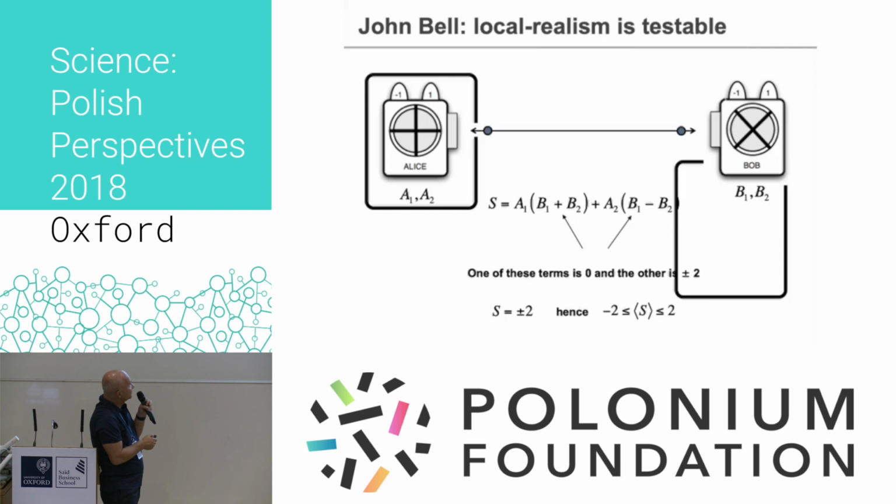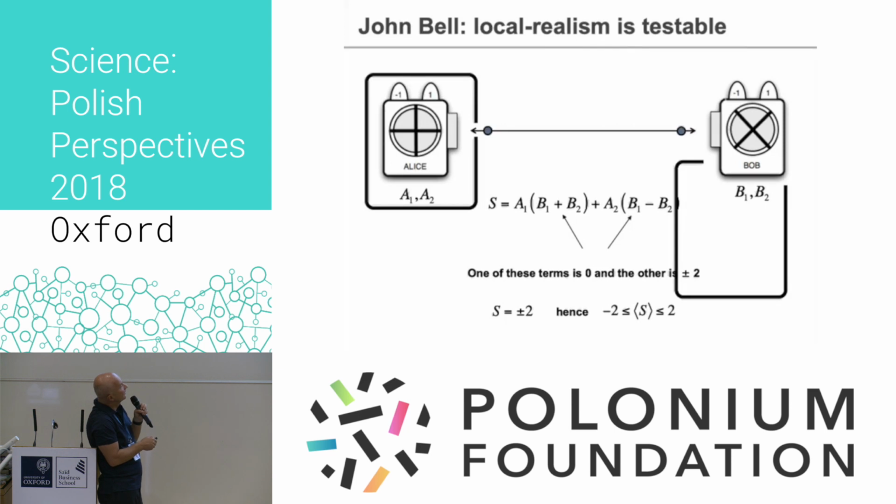And then we may consider another random variable S, constructed as a linear combination of those 4 binary random variables. If you look at it, and you know that A1, A2, B1, B2 can only be plus or minus 1, you can see that one of these terms is 0 and the other one has to be plus or minus 2, because B1 and B2 are either the same or different.